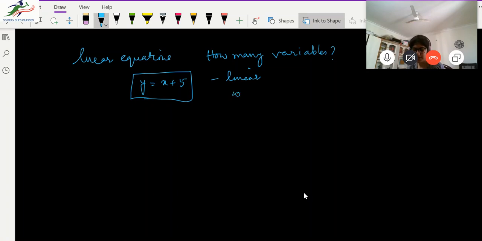Okay. What does this mean? That the values of y will depend on the values we put of x. Correct. Value of y will depend on value of x. Is that the only thing?